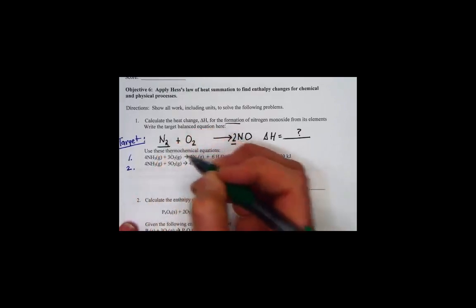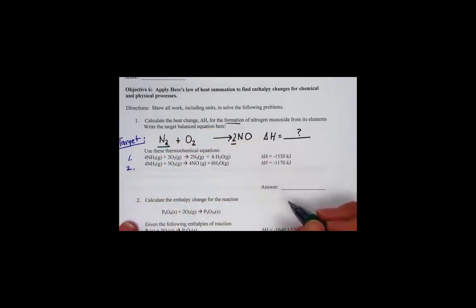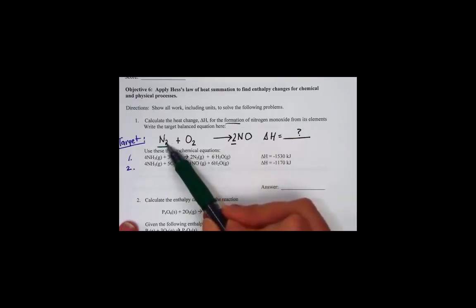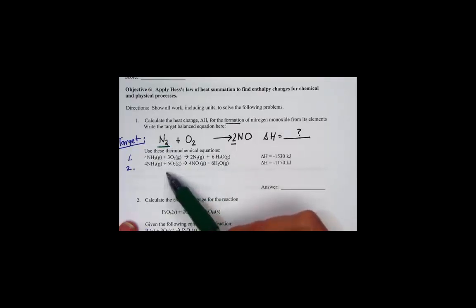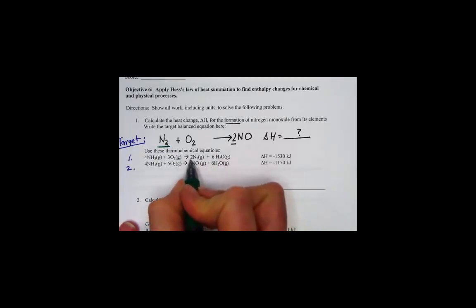I start using my elementary reactions to find the first reactant in the target. Where do we see N2 written in our building blocks, in our elementary equations? Well, I notice in the first elementary reaction, I'm seeing it written, and it's in a unique spot.